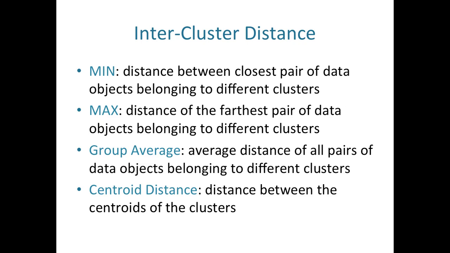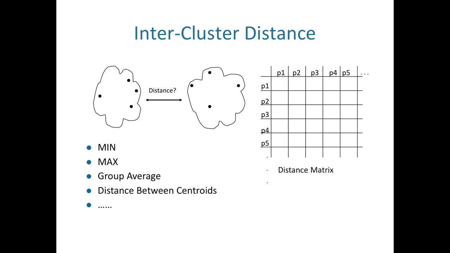Max is the distance of the farthest points that belong to different clusters. Group average is where you take all the possible pairs of points that belong to different clusters and compute the average distance. And for centroid distance, you compute the distance between the centroids of the clusters that you are hypothetically trying to understand whether they should be merged or not. Then these types of distances are the ones that we apply to the table.